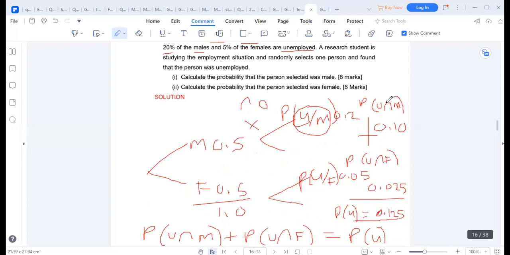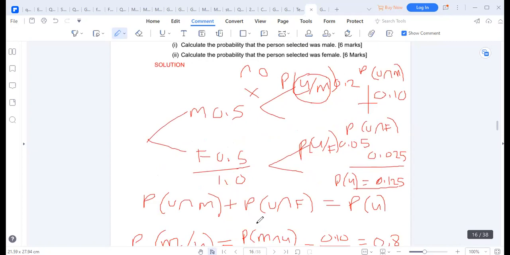So this is just the probability of U. According to theorem 2, I gave you an idea to say when you're adding intersections, U intersection M plus U intersection F, you pick the common letter, which is U. So this stands for the probability of the unemployed, U. Now, when we divide this one by the answer, what you get is the posterior of this.